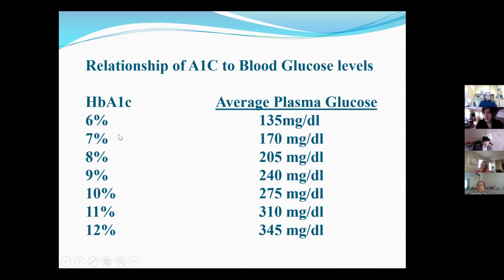And of interest, with regard to A1C and normal folks, and that includes diabetics and non-diabetics, the more regular exercise a person gets, and the less high glycemic foods a person consumes, the lower their A1C is going to be.